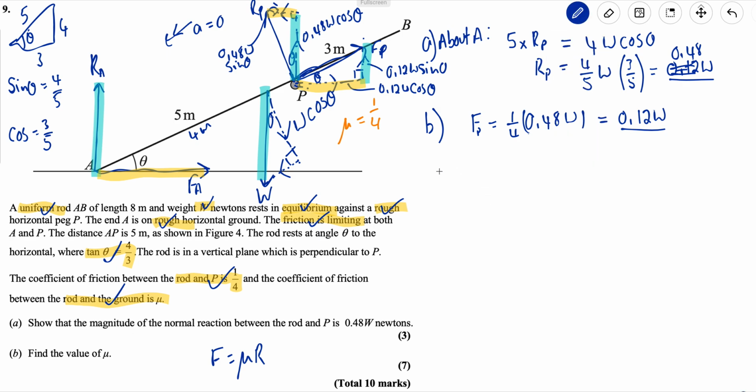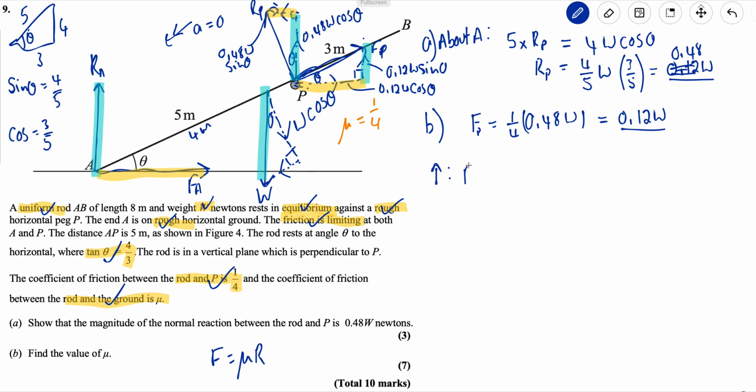So first of all, I'm going to resolve vertically. All I need to do is put that arrow to tell the examiner what I'm trying to do. So I've got a force going upwards, there, another force going upwards, one going downwards. So all these three balance with this one going downwards.